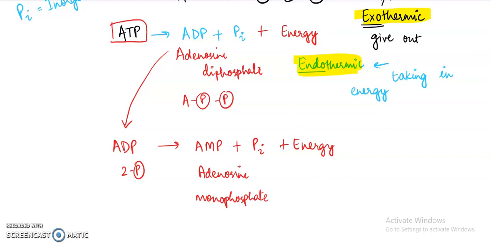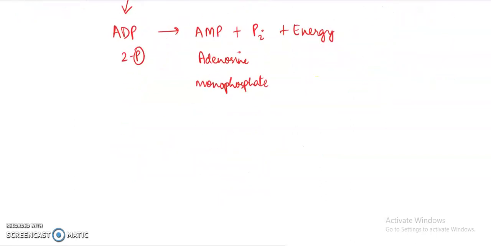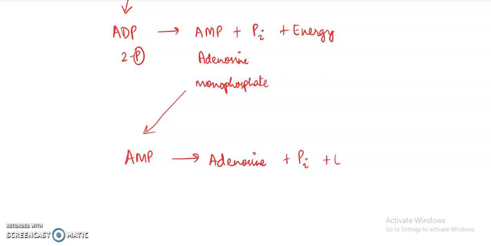Now this AMP can again break down to form adenosine and a phosphate, which will be inorganic, and energy. So you can see that at each step energy was there. Whether AMP was getting converted, or ADP was getting converted, it also produced energy.